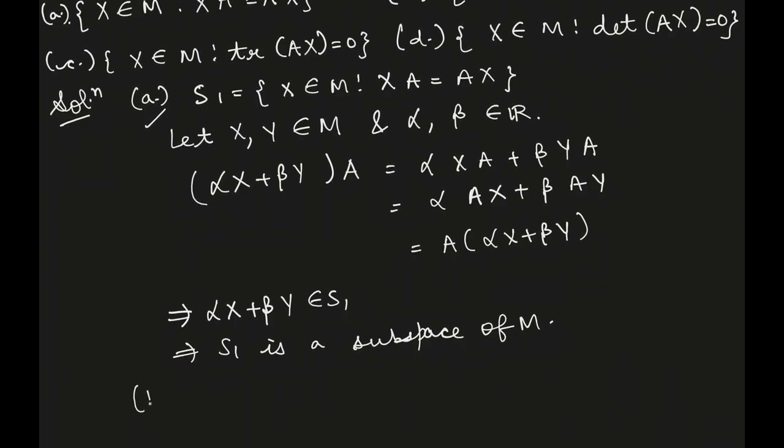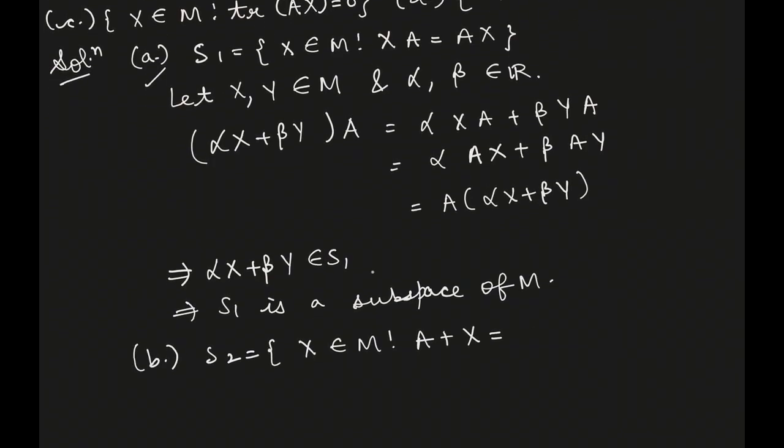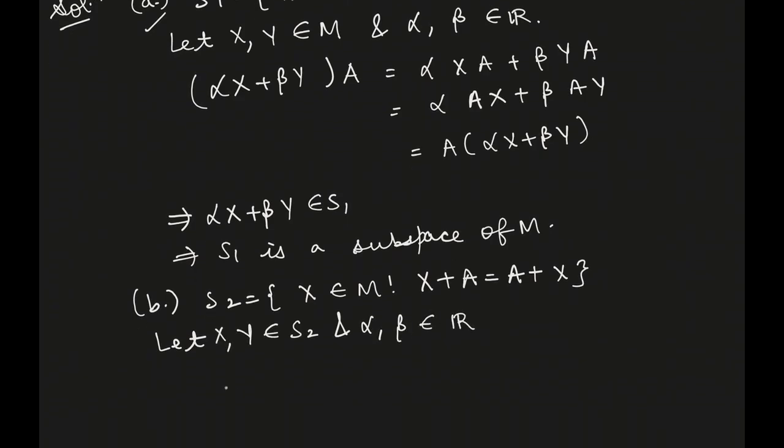Similarly, option B, S2 is equal to x belongs to M such that a plus x is equal to x plus a is equal to a plus x. Let x comma y belongs to S2 and alpha comma beta belongs to real numbers.